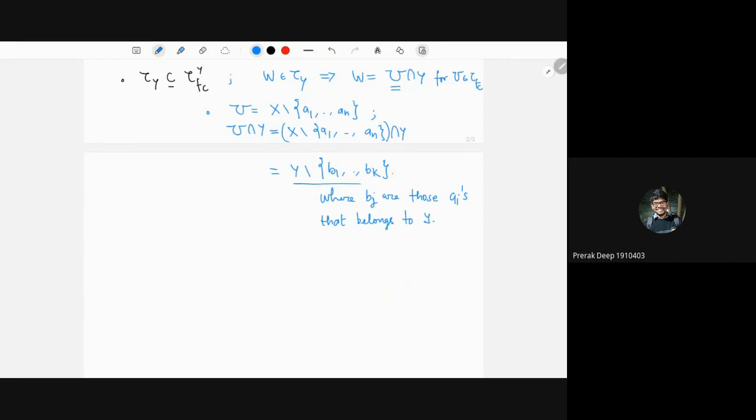And what is this now? Now this is a finite complement, nothing but an element in the finite complement topology. So this is some V which belongs to the finite complement topology on Y. So this implies that given a W in the subspace topology, it also belongs to the finite complement topology on Y. So this proves the one side.